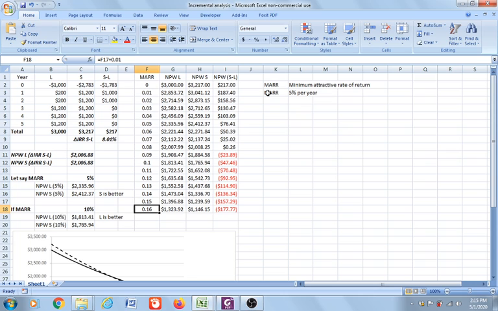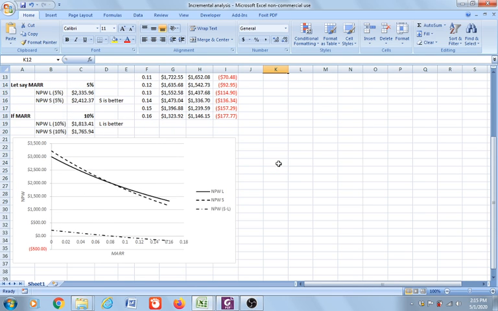Then I will plot the NPW of L, the NPW of S, and the NPW of S minus L, and the plot is the following. As you can see, the dashed line is the NPW of S, the solid line is the NPW of L. The NPW of L and the NPW of S intersect at a MARR of about 8%.